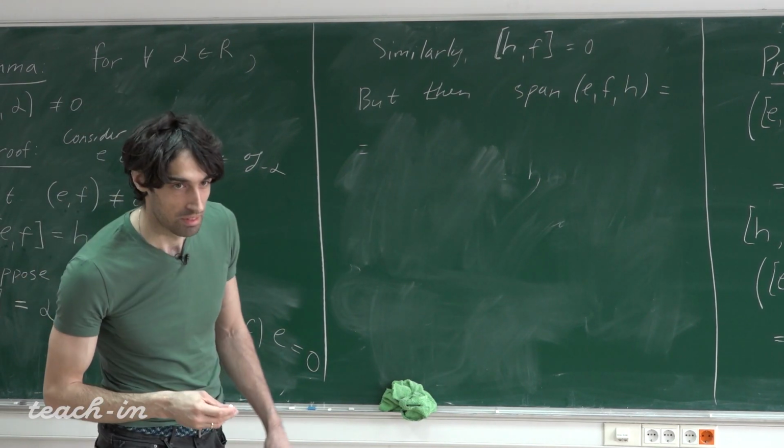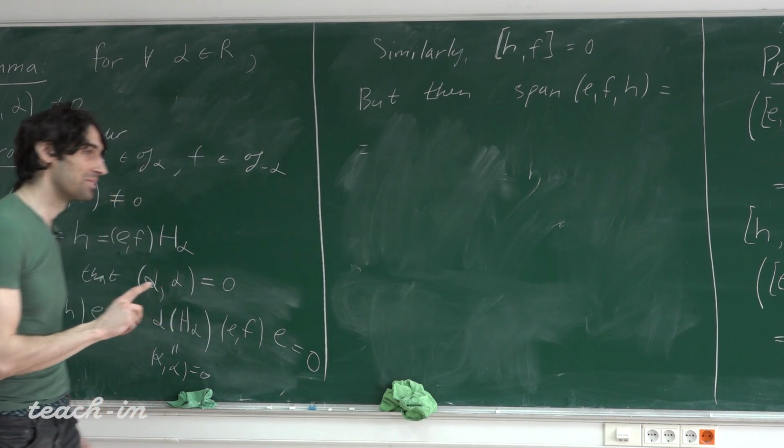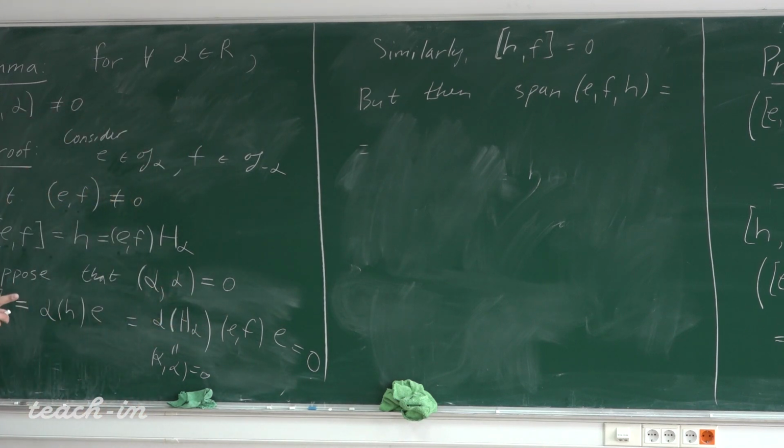No, not yet. Because I assumed something bad, it's not SL2. It is the three-dimensional Heisenberg algebra. So H with E commutes, H with F commutes, and E with F gives me H. Replace E, F, and H with the more familiar X, Y, and Z. This will be Heisenberg.